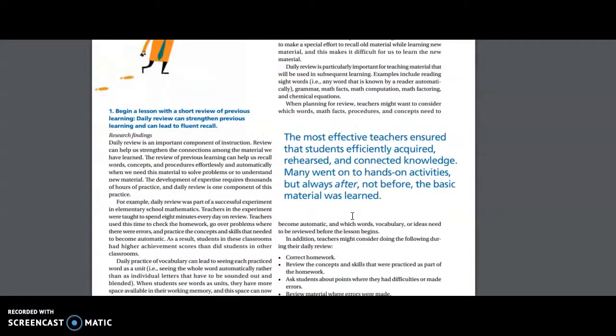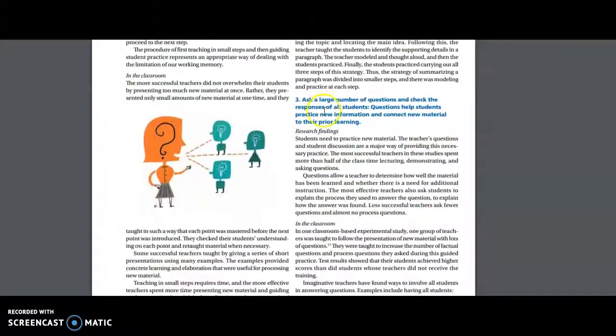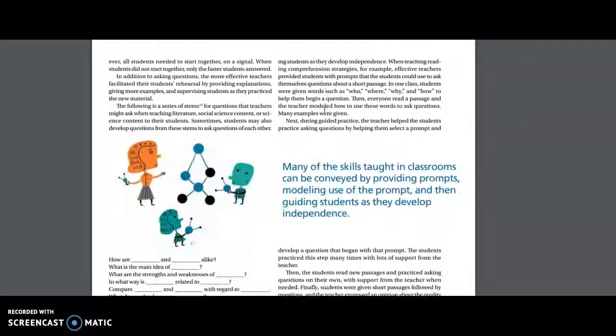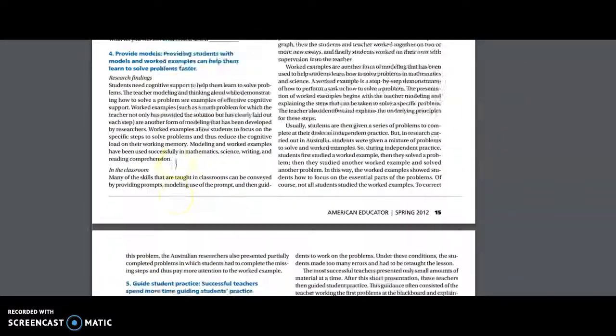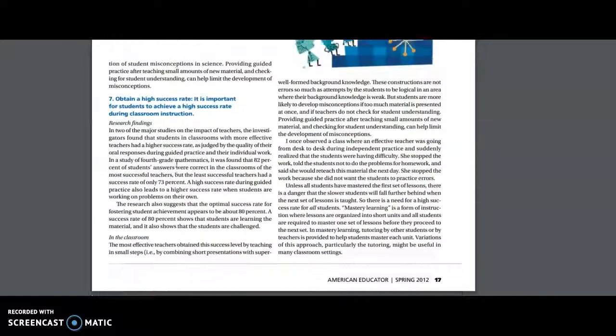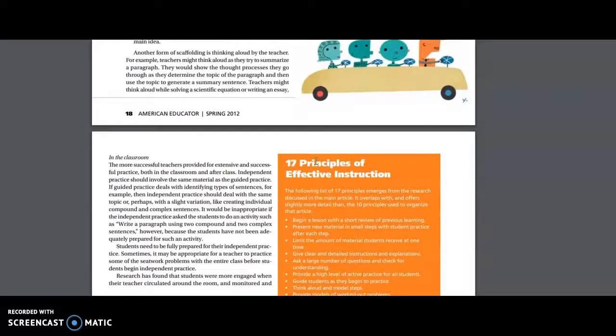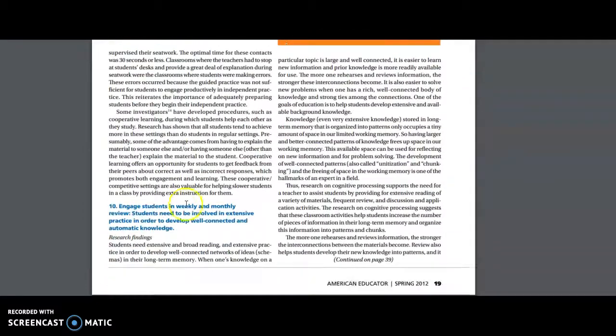So anyway, okay, you're going to read it. And then where you see the principles of effective instruction, they are numbered and listed in blue. So you will see 1, 2, 3, 4, 5, 6, 7, 8, 9 right there, and then 10 is right there. All right, so those are the principles I want you to look at.